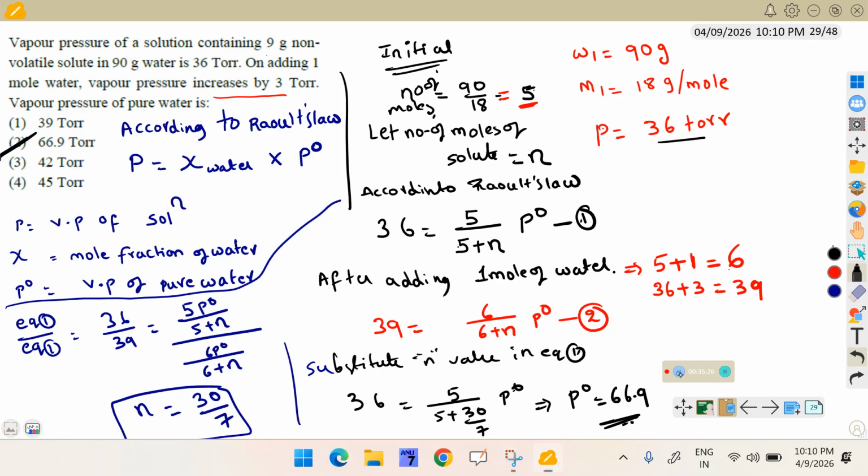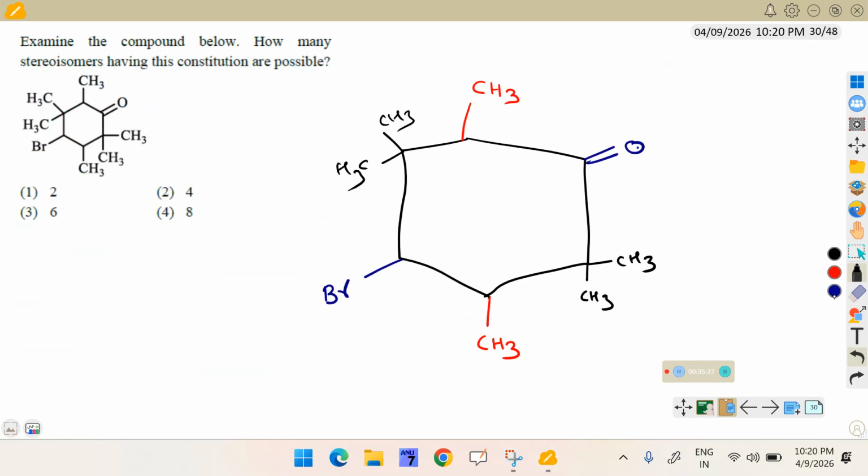Second option. Examine the compound below. How many stereoisomers having these constitutions are possible? Stereoisomers means both optical and geometrical.